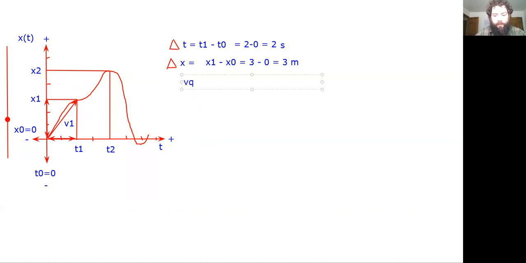And so v1 is going to equal delta x, so that's just going to be x1 minus x0 divided by t1 minus t0.